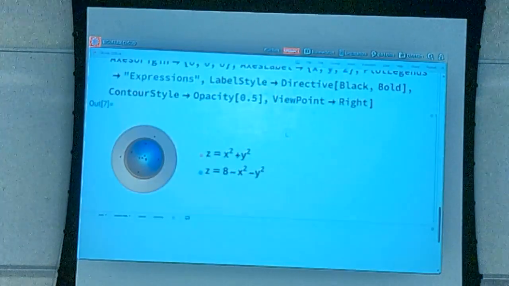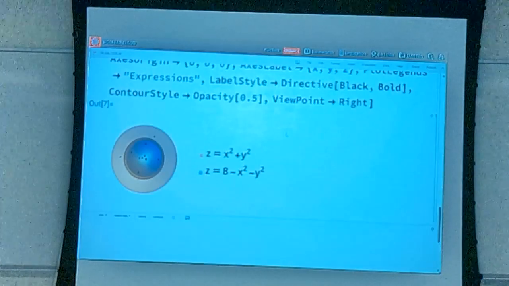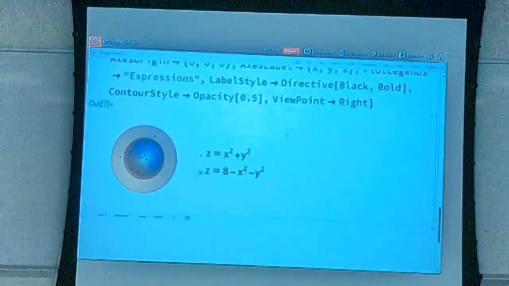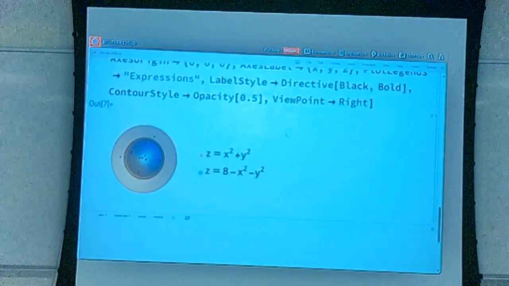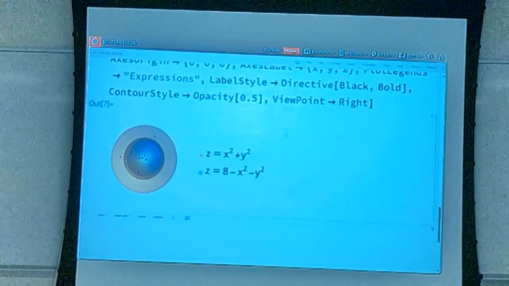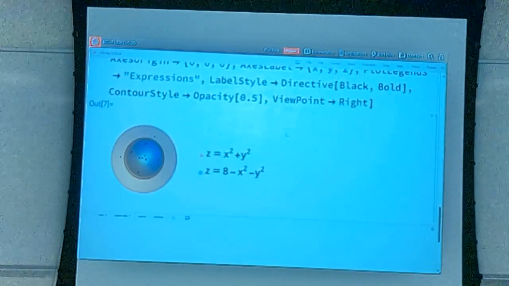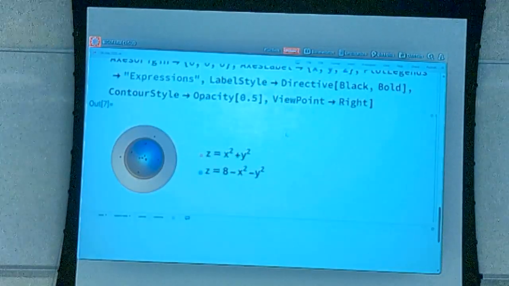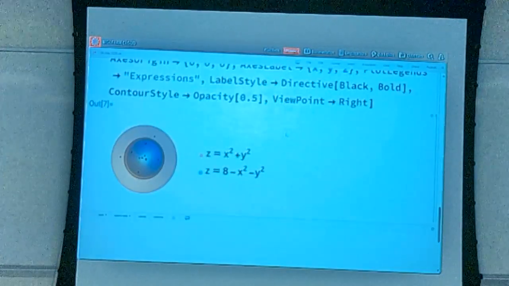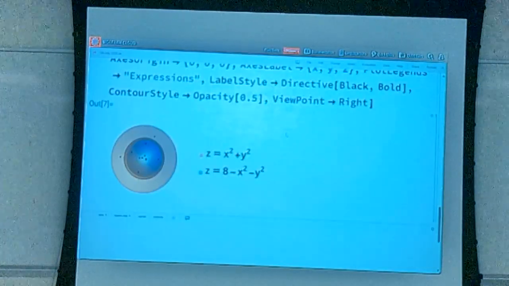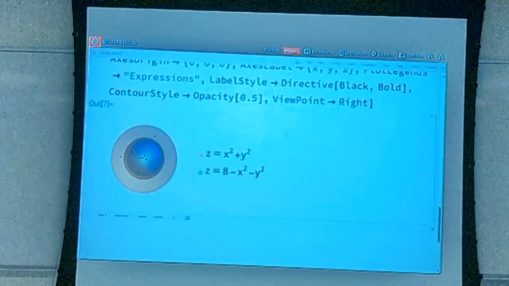It's just 2. Two ways you can look at it. First, you want to look at the curve of intersection, which is that inner circle that has radius 2, or just set the two relations equal to each other. You'll get 2x squared plus 2y squared equals 8. X squared plus y squared is 4. That is the circle of radius 2.